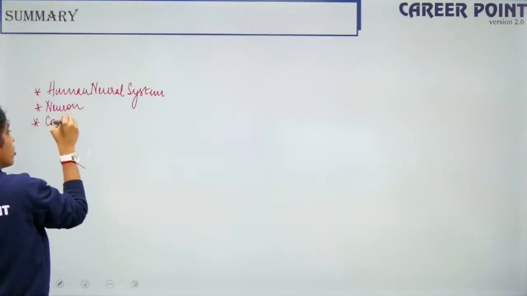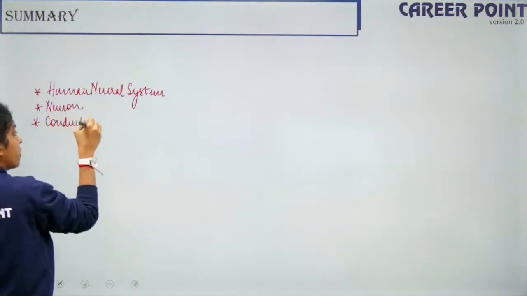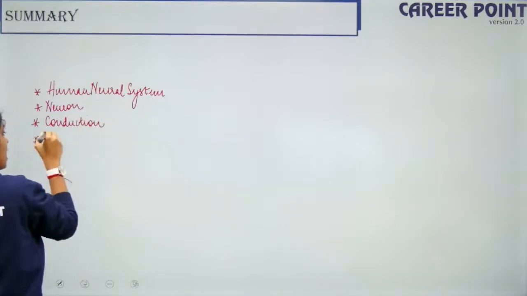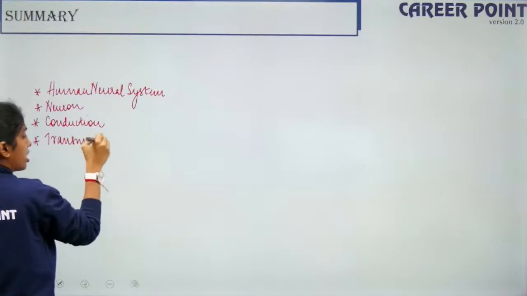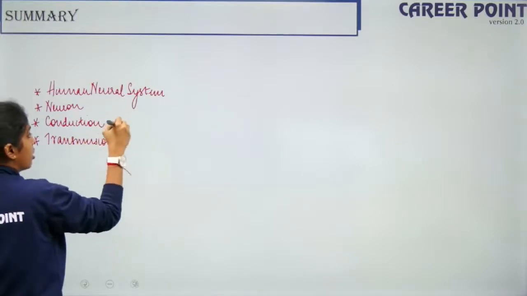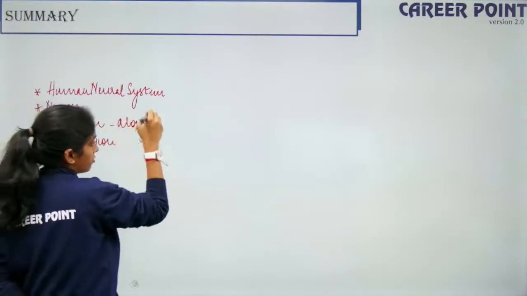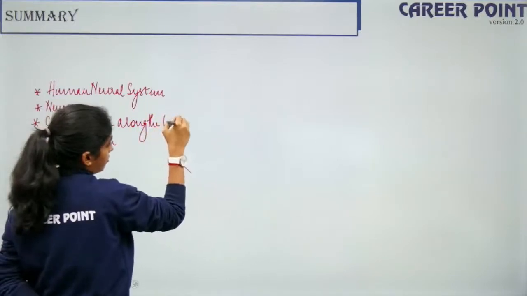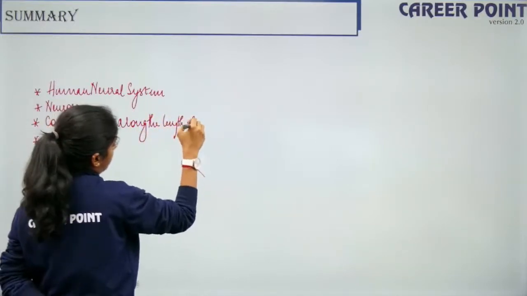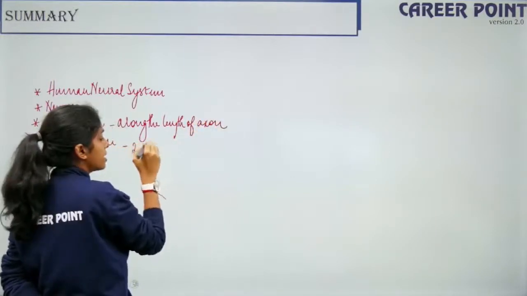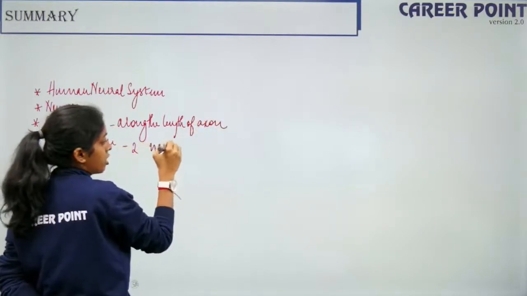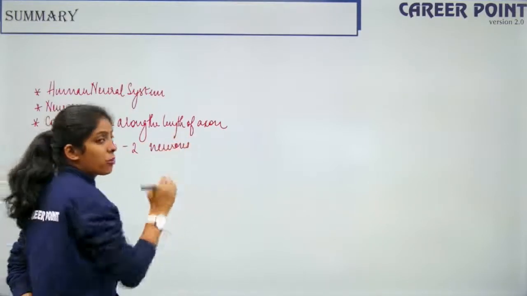Then we went on to talk about the conduction of nerve impulse, and the next one is transmission of nerve impulse. Conduction is how the signal passes along the length of the axon, and transmission is how it passes between two neurons. I have discussed all these topics so far.